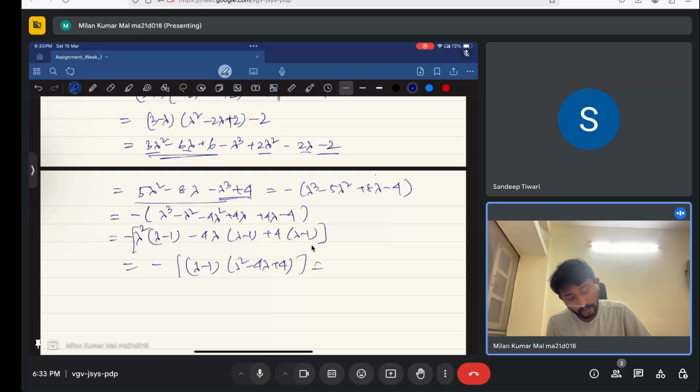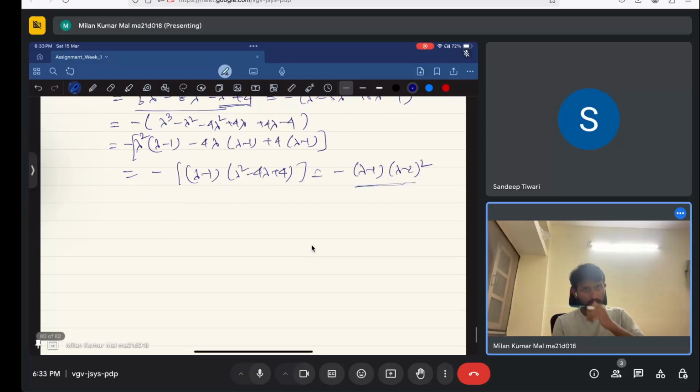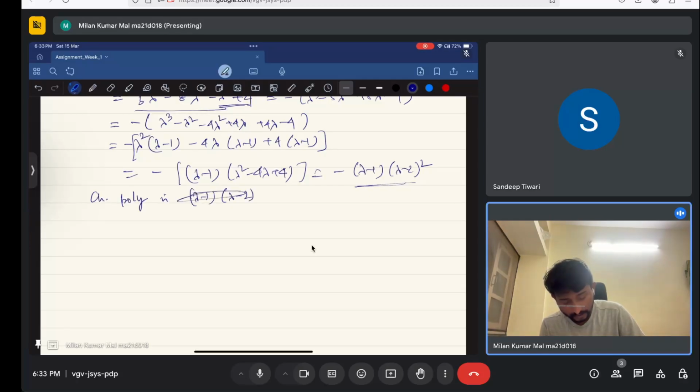So this will be minus lambda minus 1 into lambda minus 2 square. So this is the characteristic polynomial. It is written in general in terms of x minus 2 square, x minus 1.